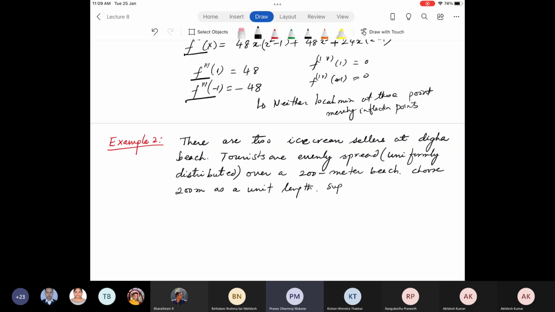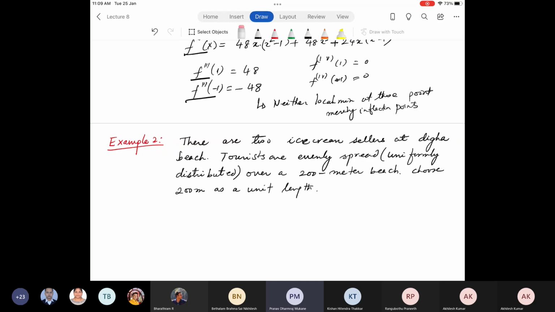Suppose, before I get into it, just from a human psychology point of view, if you need to set up your ice cream parlor, and suppose there is competition, there is another ice cream parlor. Where would you end up putting these ice cream parlors on the beach?